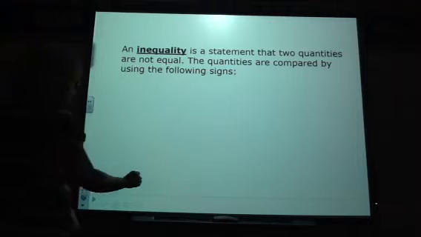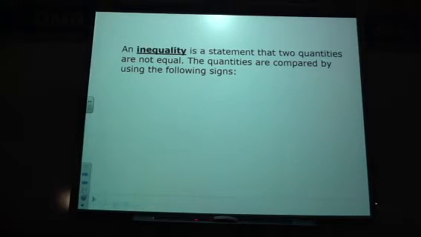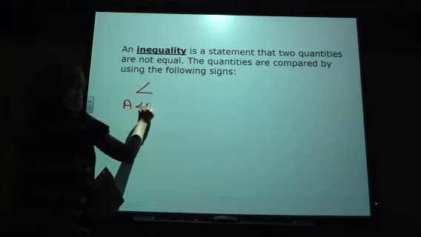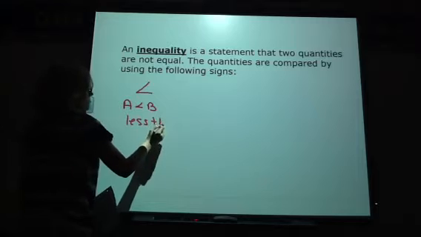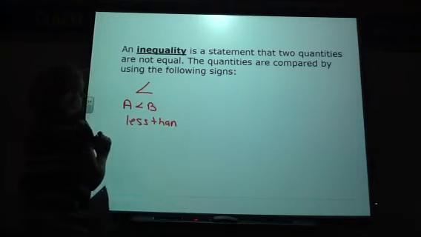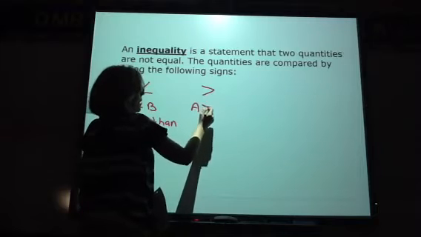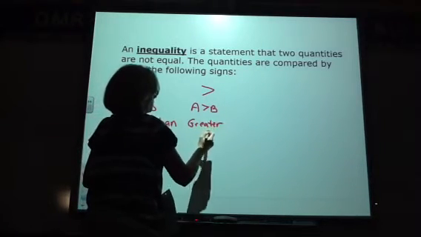Okay, an inequality is a statement that two quantities are not equal. The quantities are compared by using the following signs. If you have A less than B, this is your less than symbol. If you have A is greater than B, this is your greater than symbol.